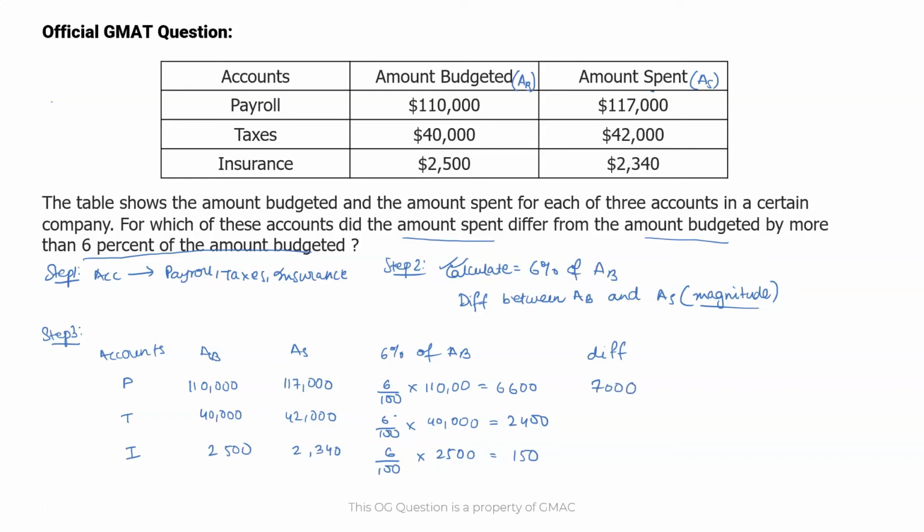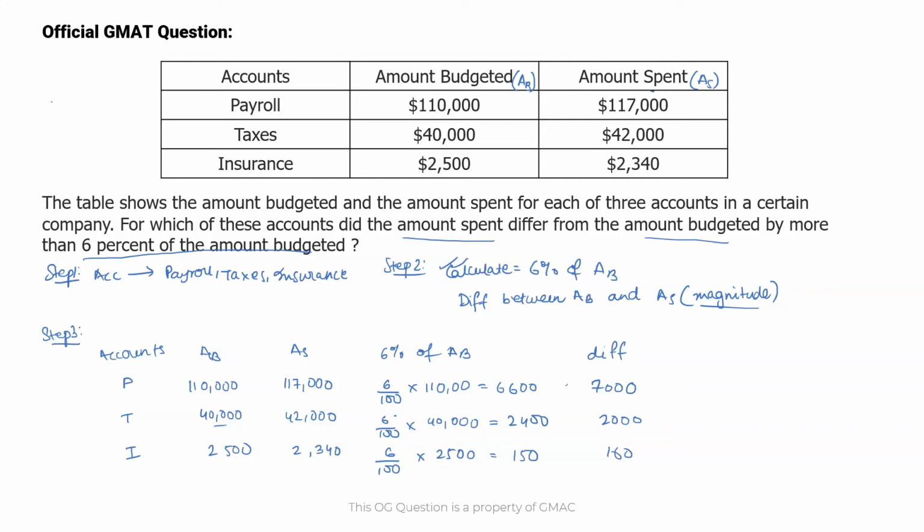For taxes we have $42,000 minus $40,000, which is $2,000, and again for insurance we have $2,500 minus $2,340, which is $160.